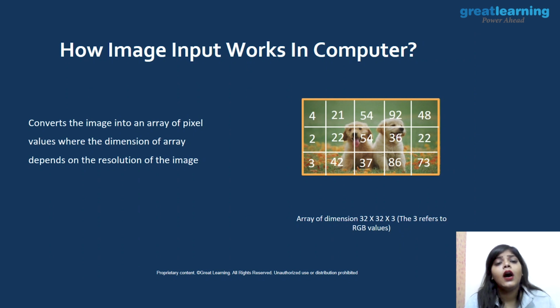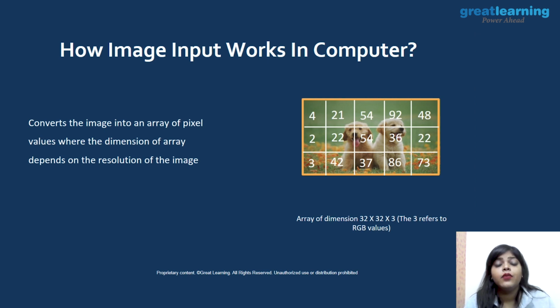Now we will see how image input works in a computer. As we said, we have eyes, so we can see that this is a picture, this is a cat, this is a dog. But how can a computer detect a picture, because the computer doesn't have eyes? It converts images into an array of pixel values, where the dimension of the array depends on the resolution of the image.